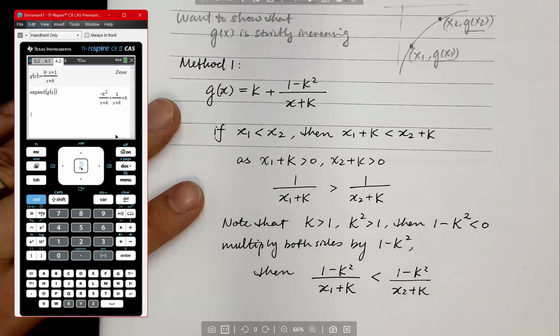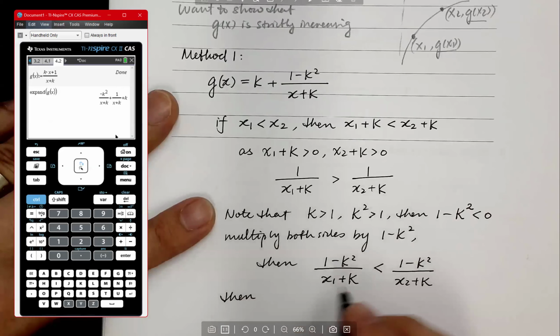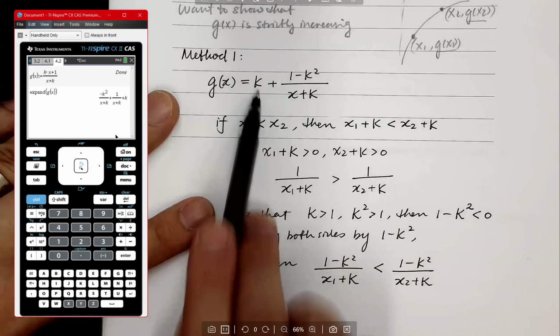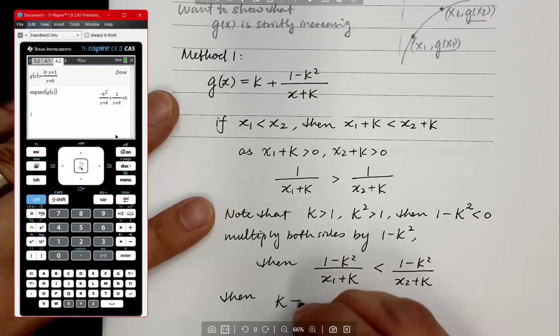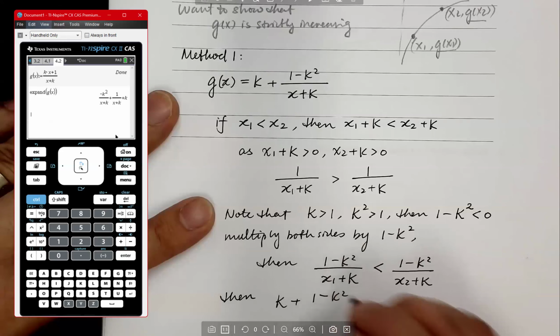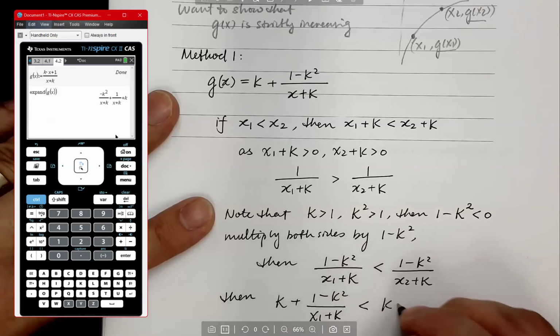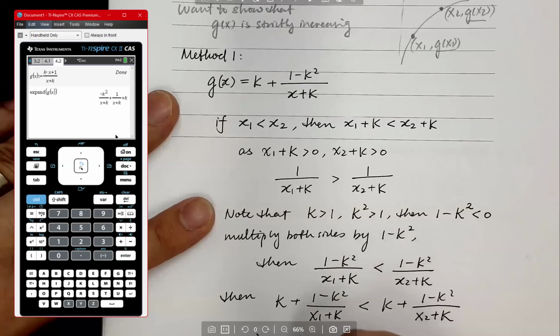Okay? Then, if you add k to both sides, which recovers this form, you will get k plus (1 minus k squared) divided by (x1 plus k) is less than k plus (1 minus k squared) divided by (x2 plus k). So, g of x1 is less than g of x2, right?